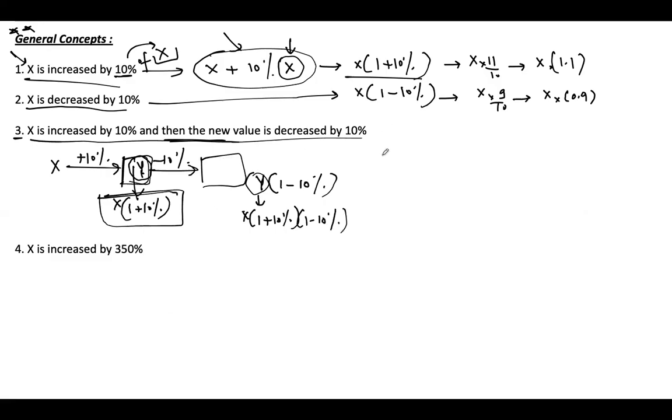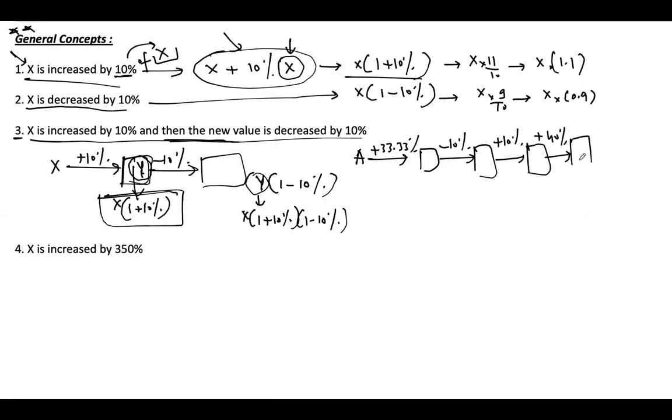Similarly, if there is a series of values increasing, as in let's say this A got increased by 33.33%, then got decreased by 10%, then got increased by 10%, then got increased by 40%, which would give you B. How will you write this?